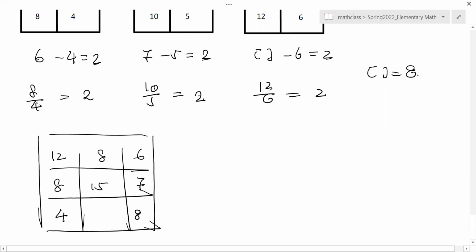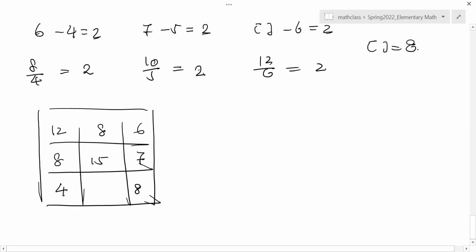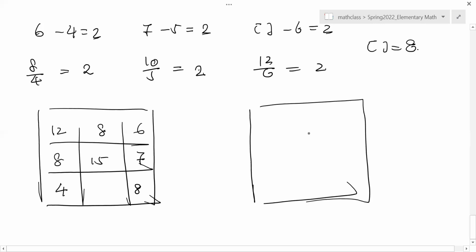We're trying to find the missing number. There are many ways to get the missing number. Okay, I'm going to draw another picture here. I want to show you two different ways to get the same answer.